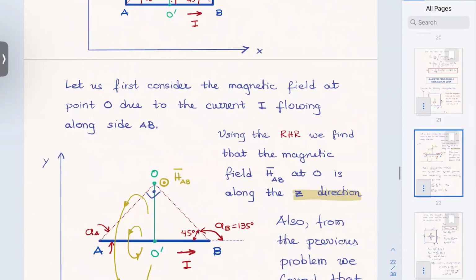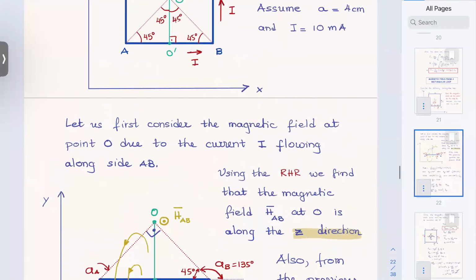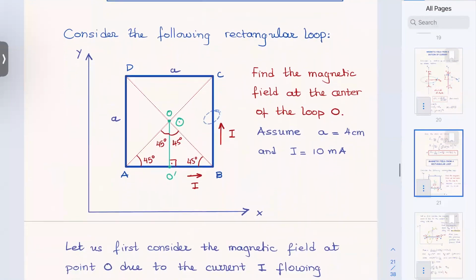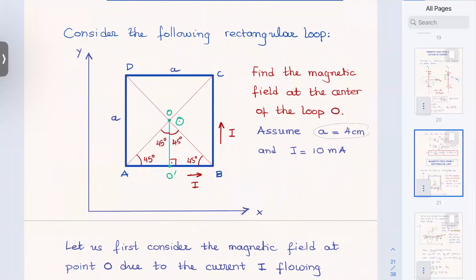Okay. So the first thing we're going to do is consider the rectangular loop as made out of 4 finite sections of current. So this is 1, 2, 3, and 4. Okay. And then we give the dimensions.